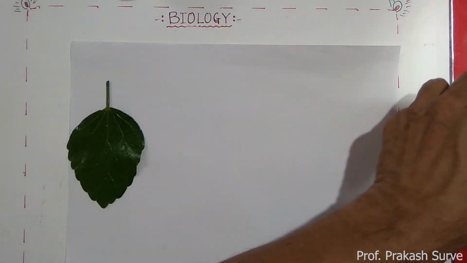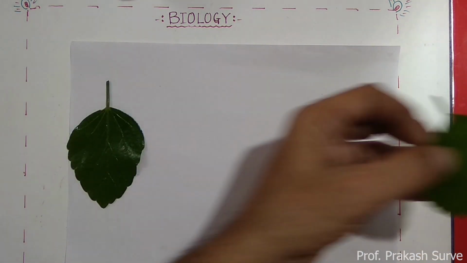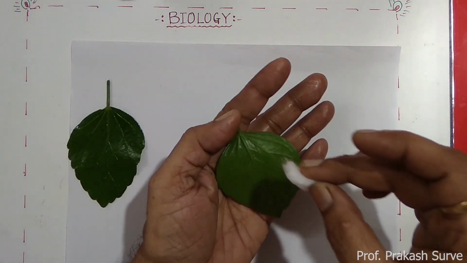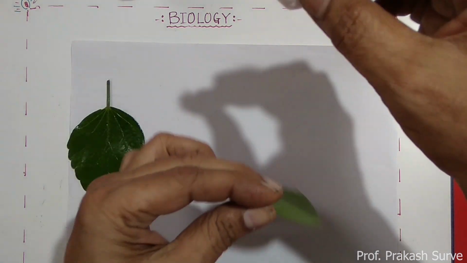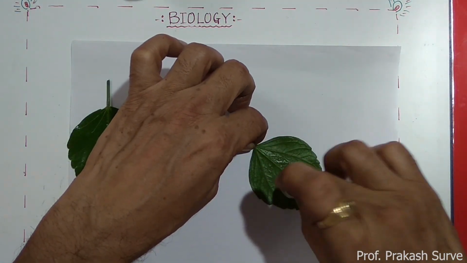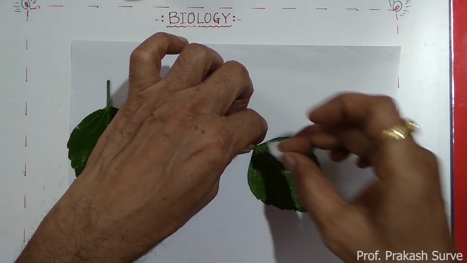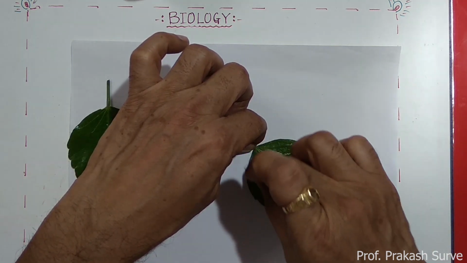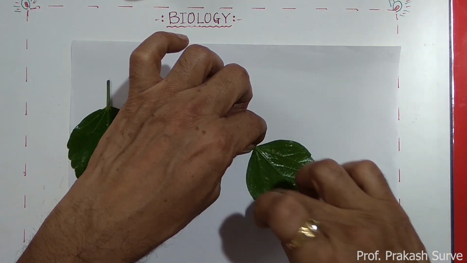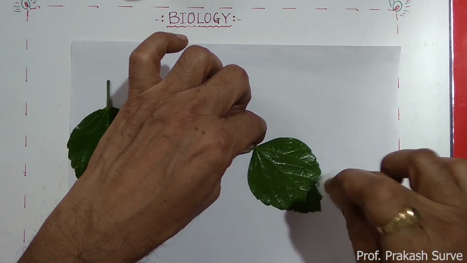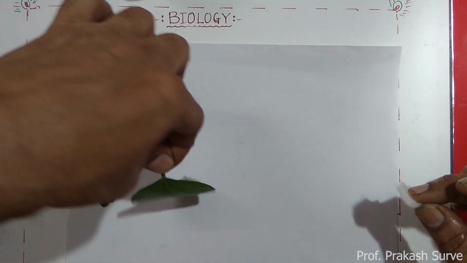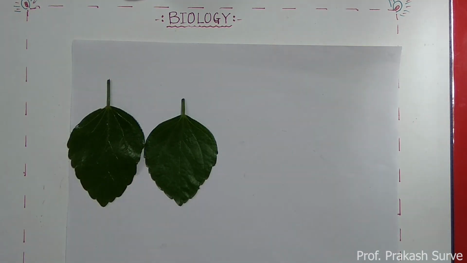Now next is the leaf B. For leaf B I will apply the Vaseline only on the lower surface, upper surface will be free. So on the lower surface I will apply the Vaseline, and all the stomata present on the lower surface will get closed. Stomata present on the upper surface are free.